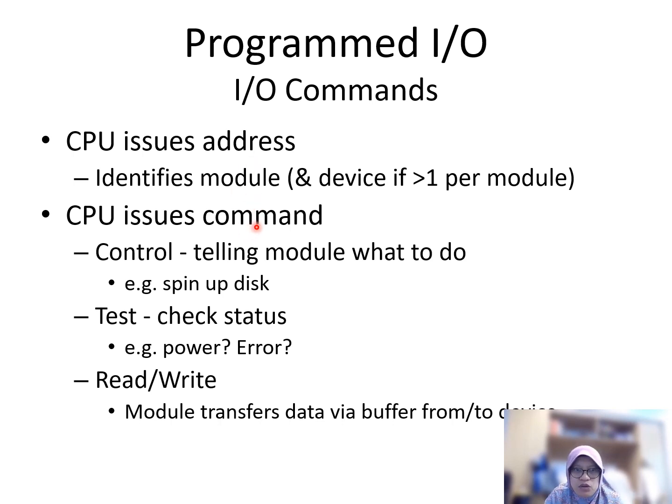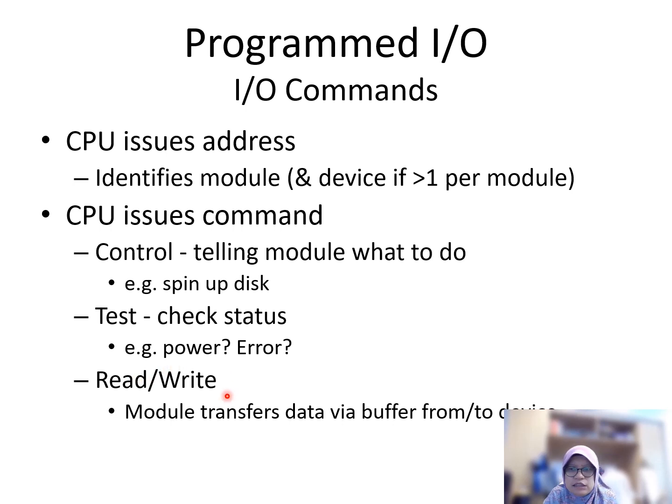There are four types of I/O command that an I/O module may receive when it is addressed by the processor. First is the control command, used to activate a peripheral and tell it what to do. For example, a magnetic tape unit may be instructed to rewind or move forward a record. This command is specific to a certain peripheral device.